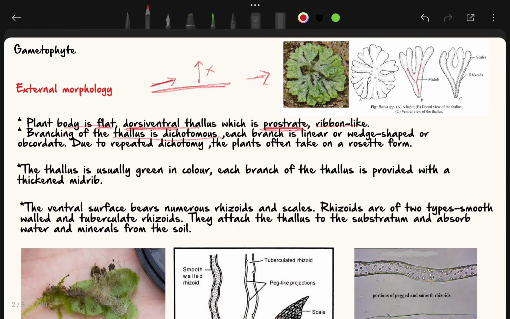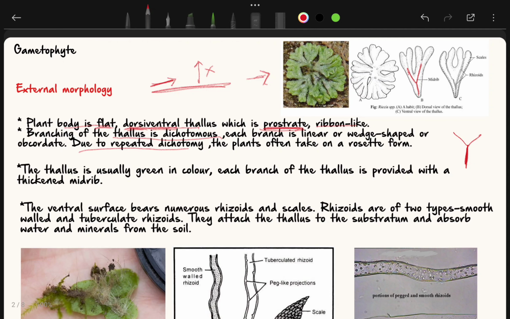Dichotomous branching is a pattern where the main axis will divide into two equal halves. So this is the example of dichotomous branching seen in Riccia.